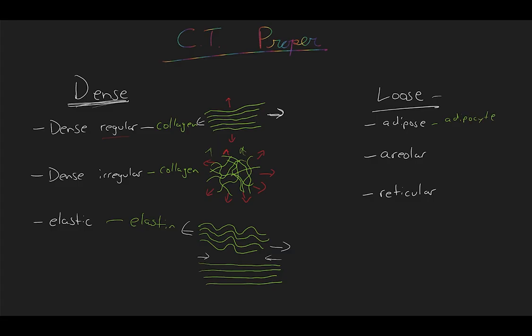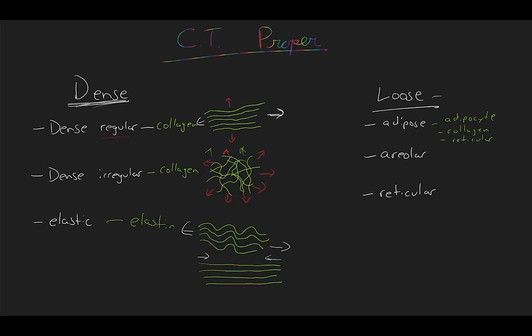So this is energy storage, but can also serve as protection. There are also some collagen fibers and reticular fibers associated with the adipose tissue. It's not a lot, but it is some.